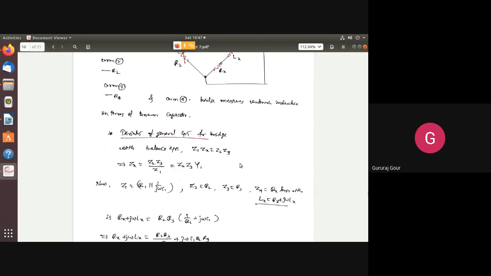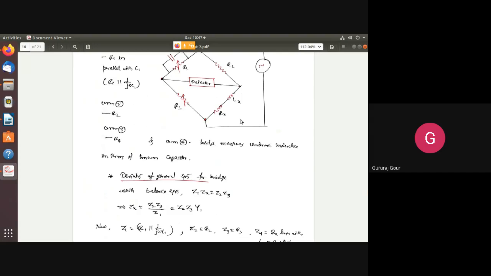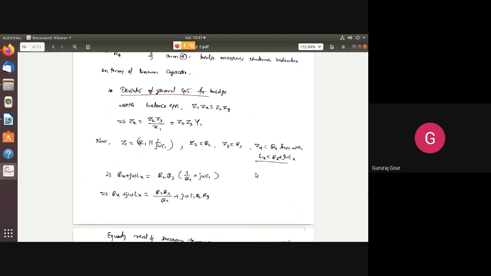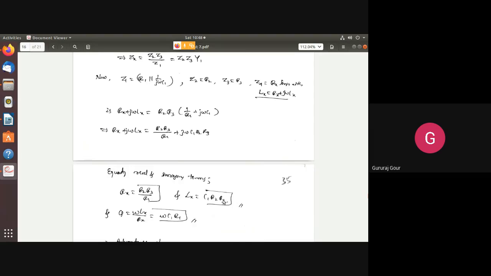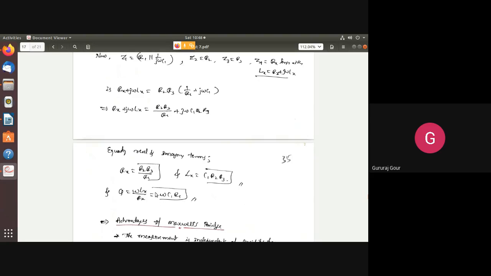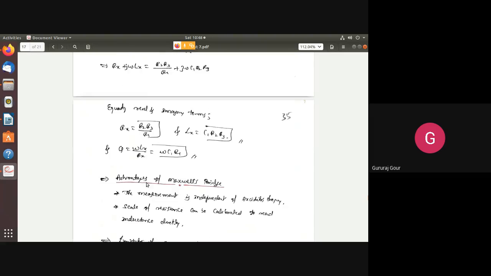With the bridge balance equation Z1 Zx equal to Z2 Z3, for Z1 you can substitute the parallel combination and for Zx you can substitute this, equal to Z2 Z3. If you simplify like this, finally you get the design equations for Rx and Lx, with the quality factor Q equal to omega C1 R1.